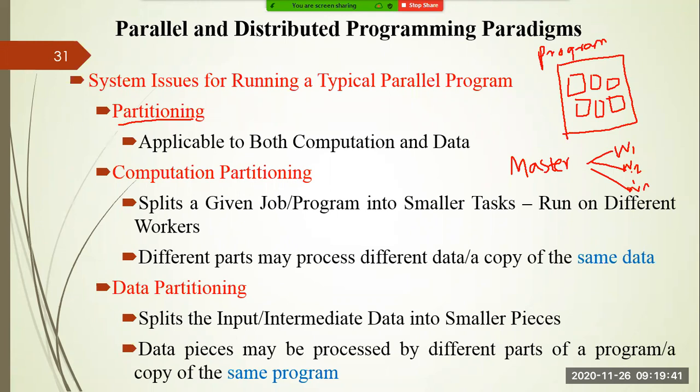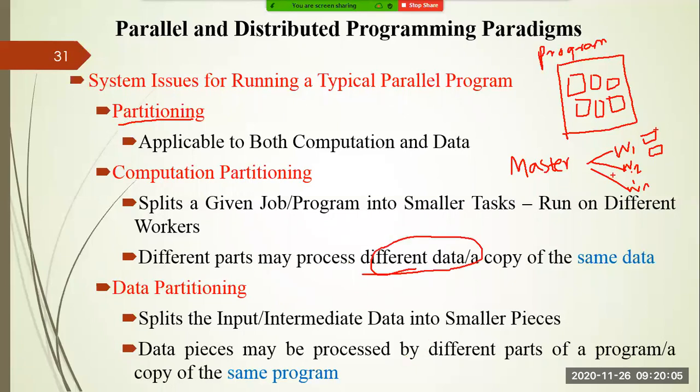So different parts may process different data or a copy of the same data. Sometimes what happens, in order to provide fault tolerance, I assign the same work to W1 and the same work to W2, assuming that one of them is going to give me the result. That's why it says they may process different data.